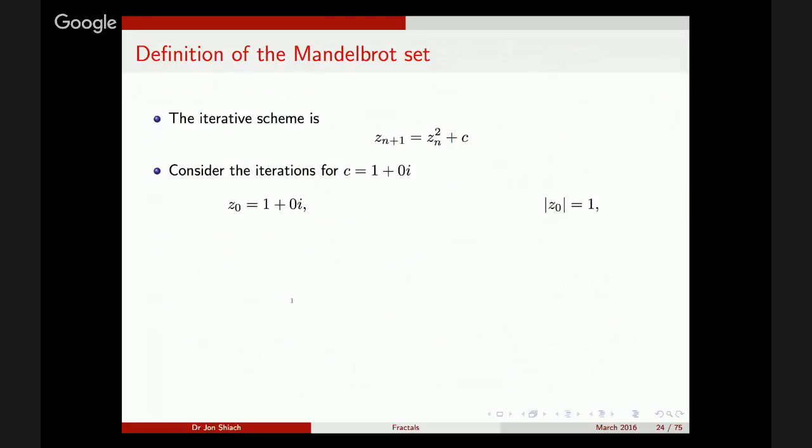Okay, so let's have a look at some starting numbers. Let's consider the number 1. In complex terms, that's 1 plus 0i.